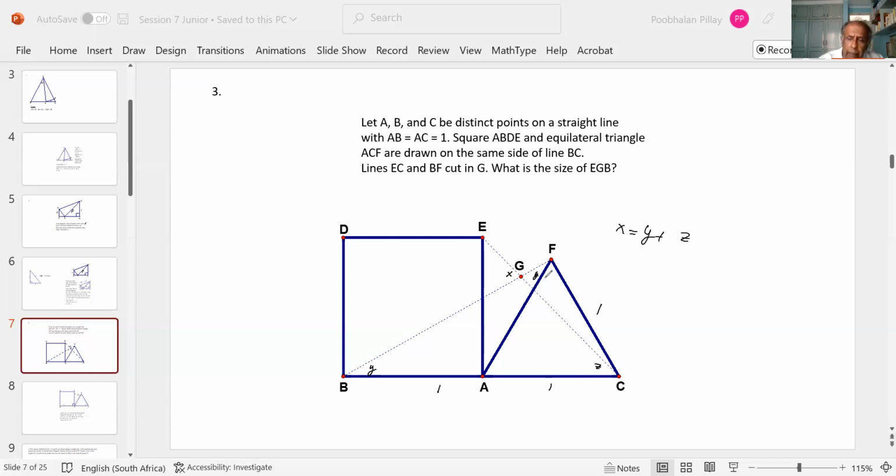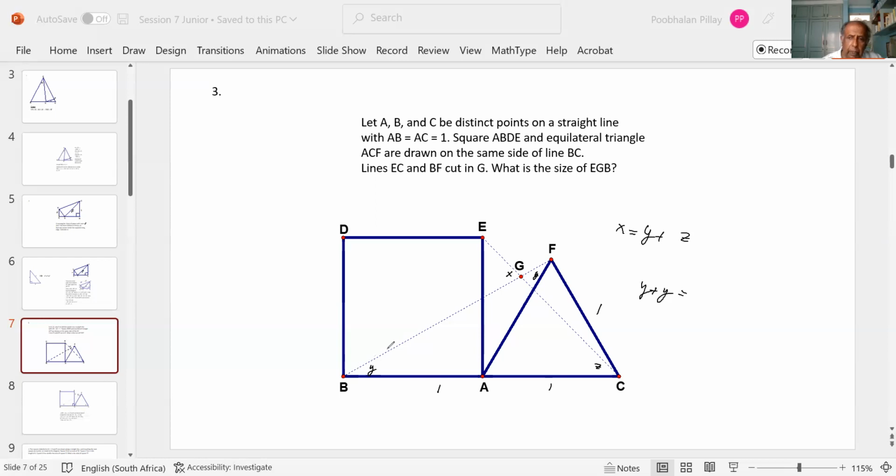Now, if you look at Y, you've got Y, and there are two, this is triangle AFB extended. So you have another flag here, starting from here, going up there and coming here. The sum of the two Y's is equal to the exterior angle of this triangle here.